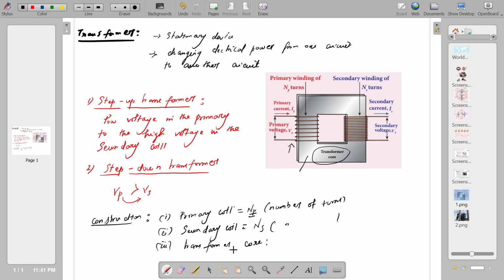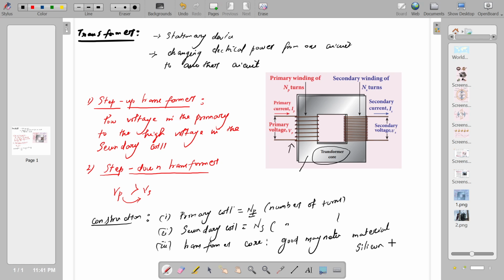The transformer core is usually made up of a metal that is a good magnetic material. Most of the time they use silicon steel because it acts as a good magnetic material.